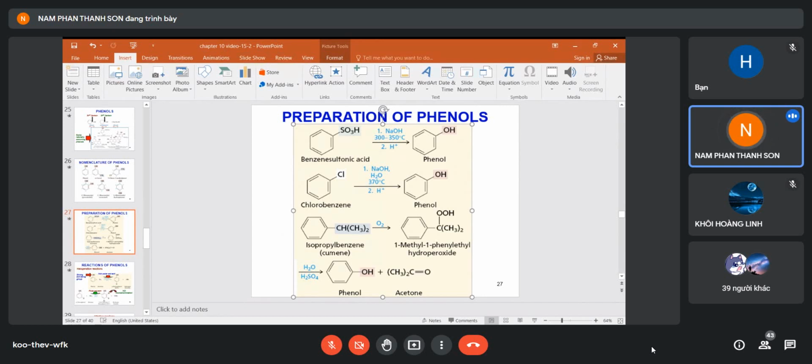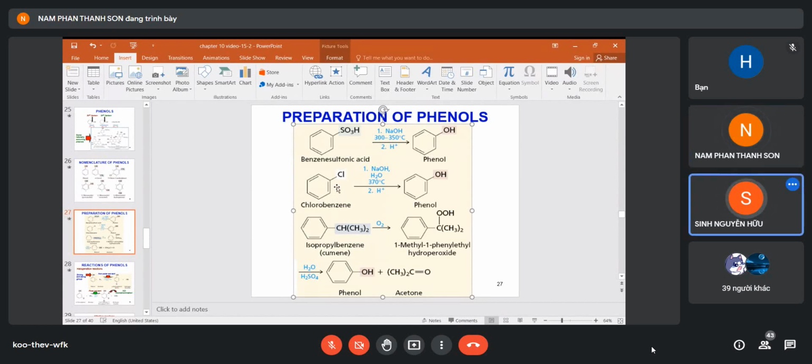Let me ask you one question because you might see that in your exam. Sinh, are you there? Yes, teacher. Okay, Sinh, look at the second reaction. This reaction is difficult. So if you want to speed up the nucleophilic substitution reaction of chlorobenzene, what should we do?